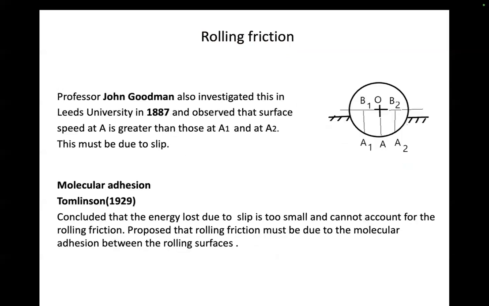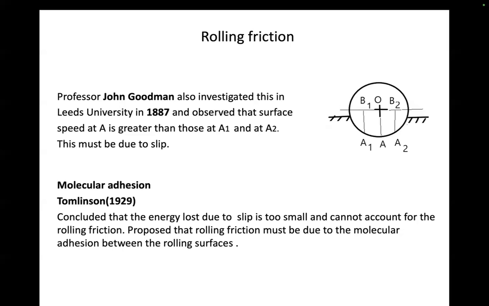Now, there was another very interesting experiment done by John Goodman in the University of Leeds in 1987, just after Reynolds. And he too observed that, if you look at the figure on the right-hand side, then he found out that A, that is the central radius, is larger than A1 and A2.